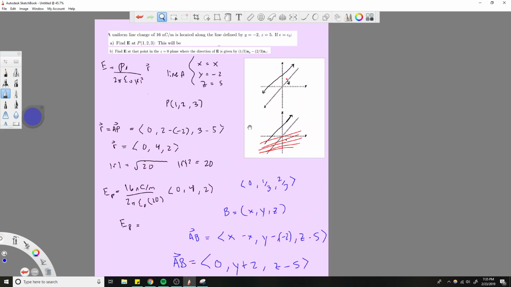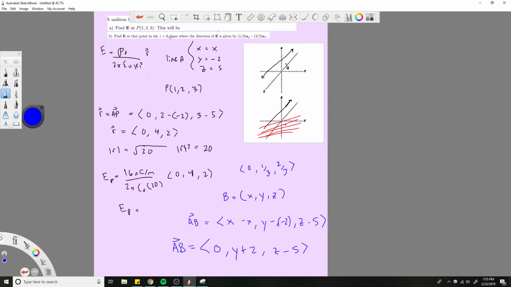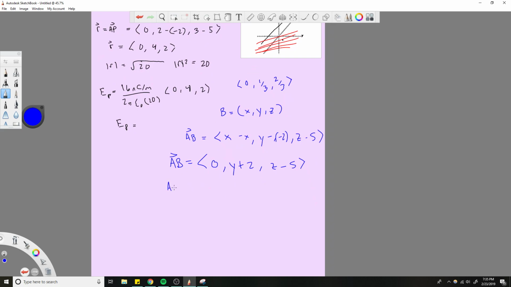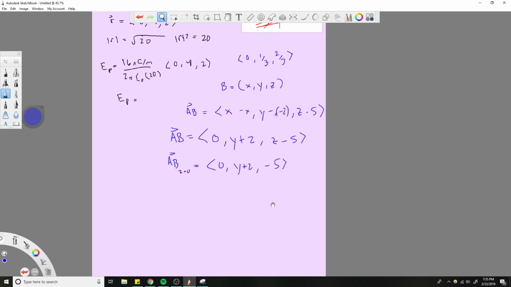Well, we know one thing. z is going to be equal to 0, because we're in the z equals 0 plane. So that at least tells us AB sub z equals 0 is 0, y plus 2, and then this will be a 0, so that'll be a -5. So there you have that part.